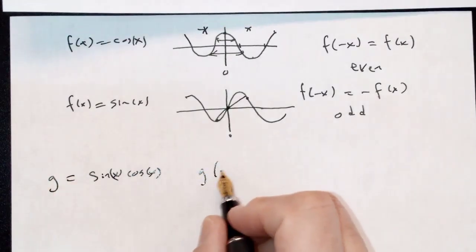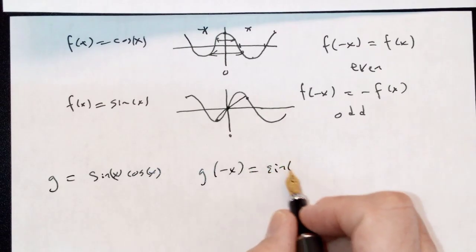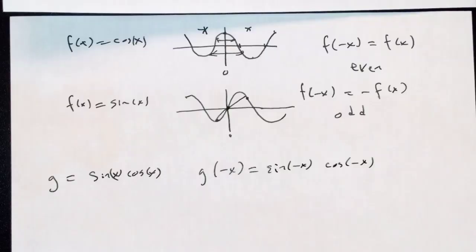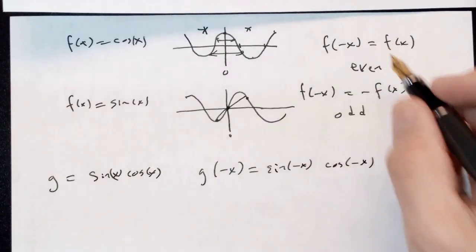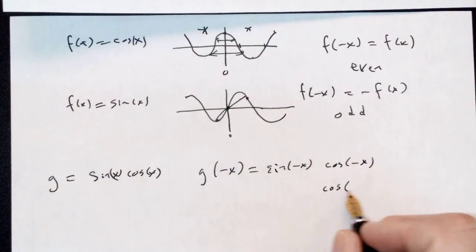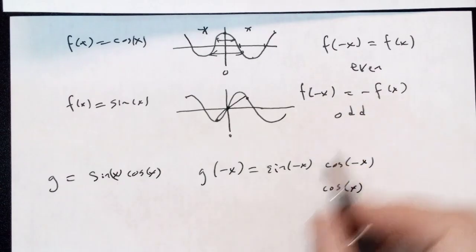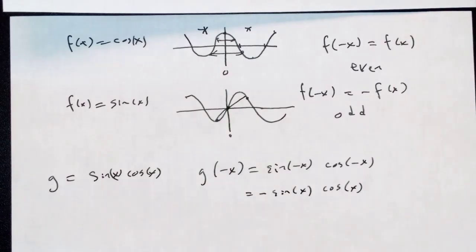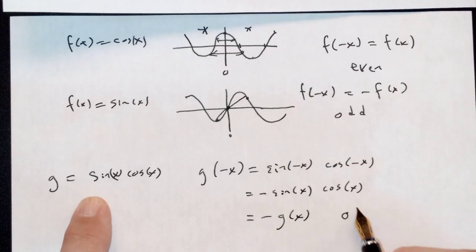If I put in a negative x, I'm going to get sine of minus x times cosine of minus x. Cosine is even, but sine is odd. So when I put in a minus x, I get minus times the original function. This function is odd.